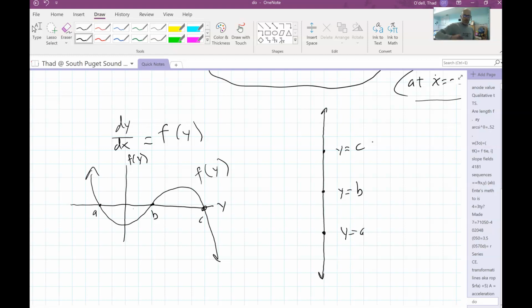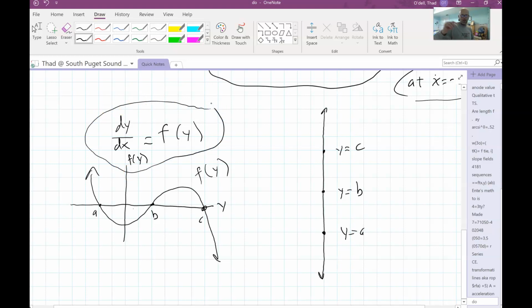So remember, this is describing when the derivative is positive, the guy's going to climb up the rope. When the derivative is negative, he's going to climb down the rope. So we can tell that below A, the right side of the expression is positive, so that means he's climbing up.